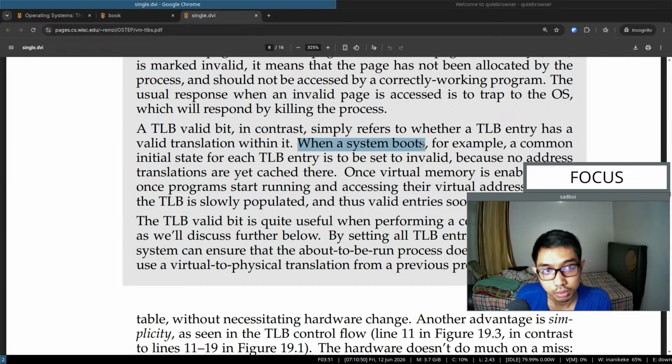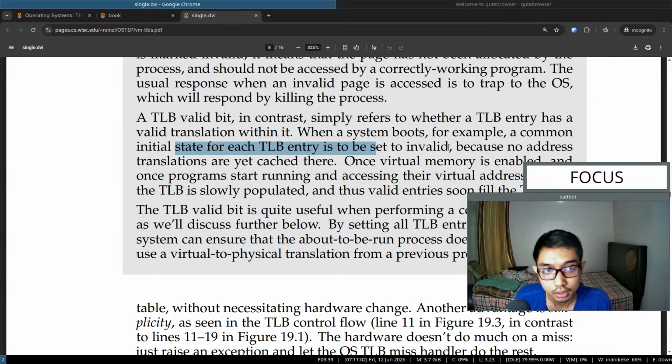When a system boots, for example, a common initial state for its translation lookaside buffer entries is to be set to invalid because no address translations are yet cached there.